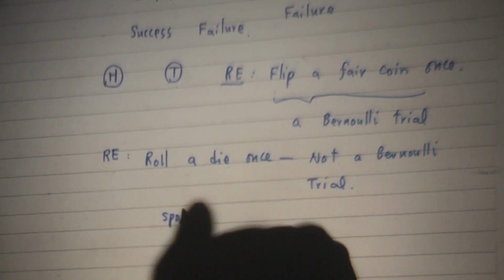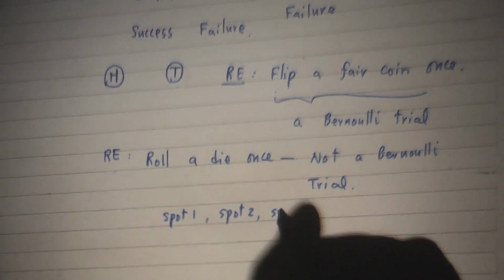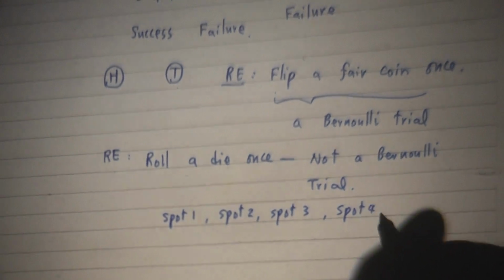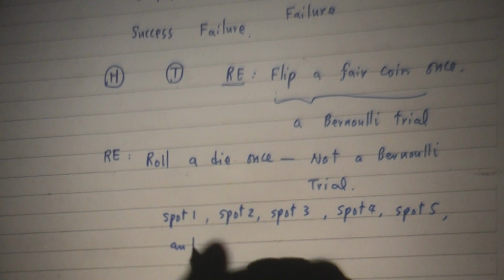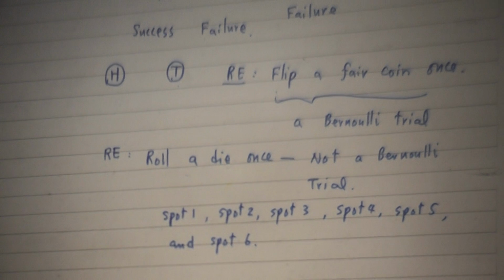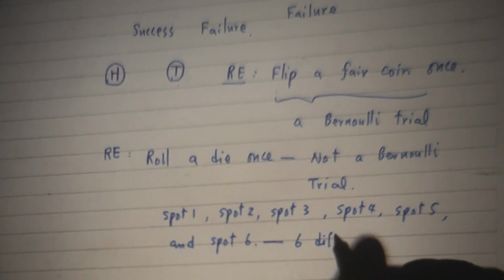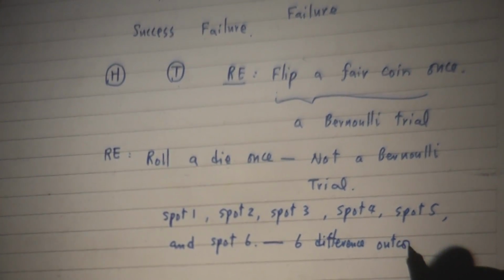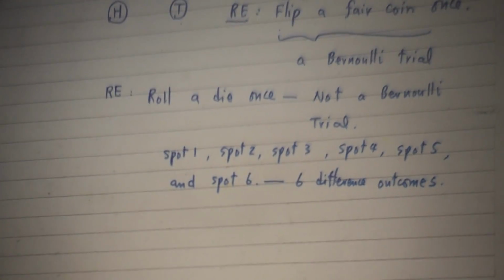You expect to see spot 1, spot 2, spot 3, spot 4, spot 5, and spot 6. You're going to see 6 different outcomes, okay? So this is not a Bernoulli trial.